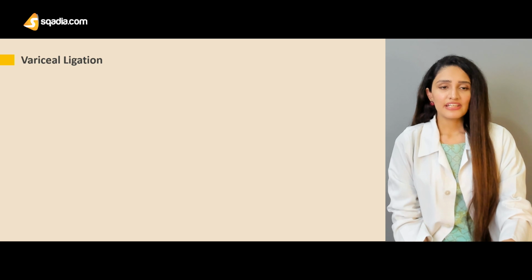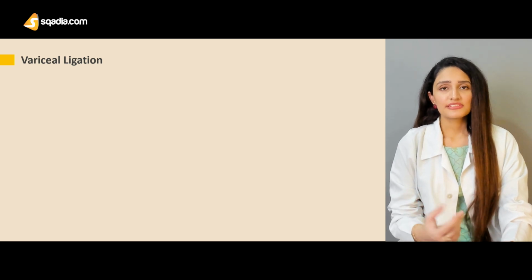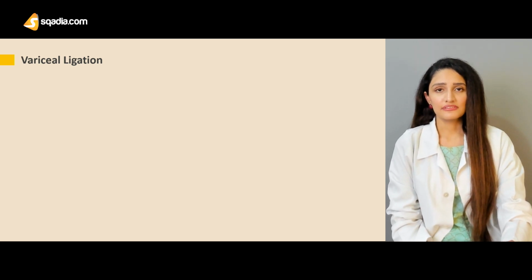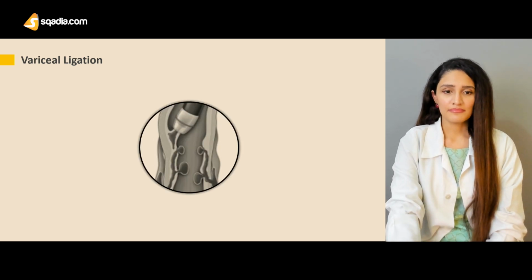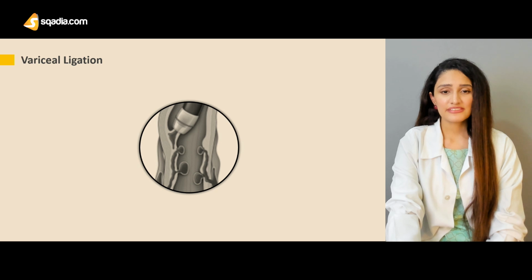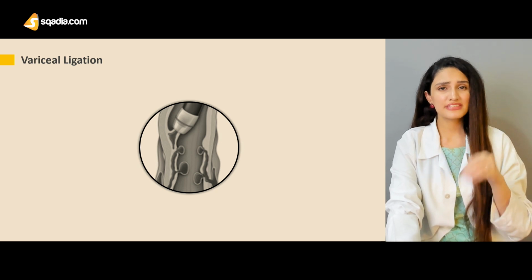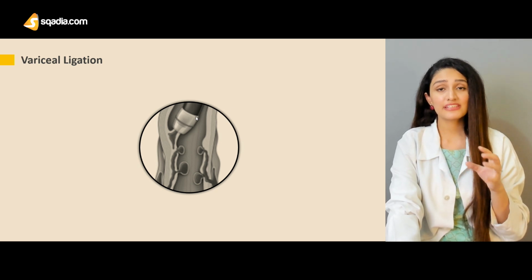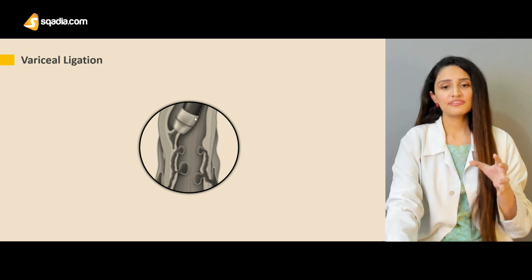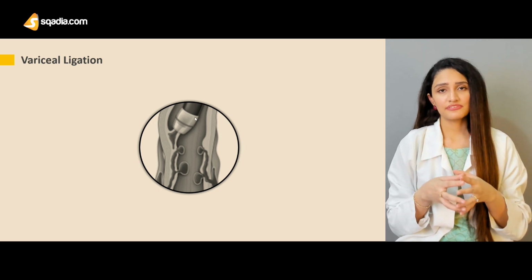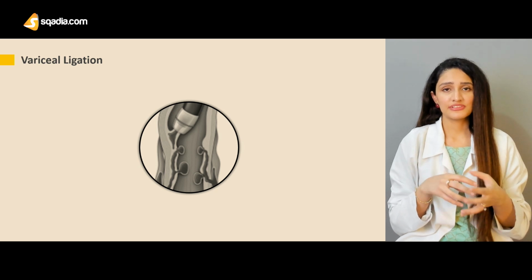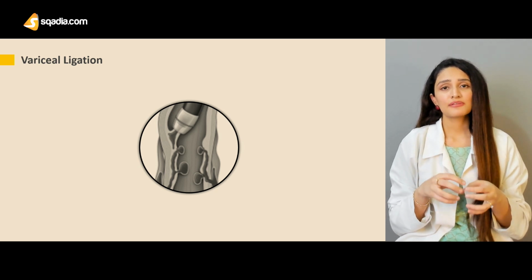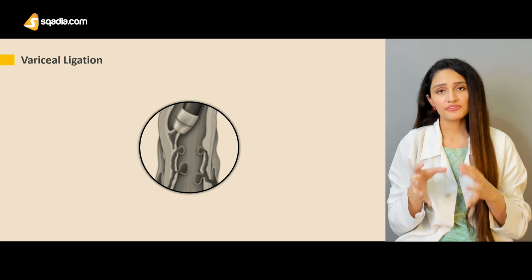Coming to variceal ligation, this is also a very interesting way to get rid of esophageal varices. What really happens is that at the tip of the endoscope there is a suction cap. If we notice esophageal varices, it is pointed towards them, and that part is sucked in with the help of the cap.